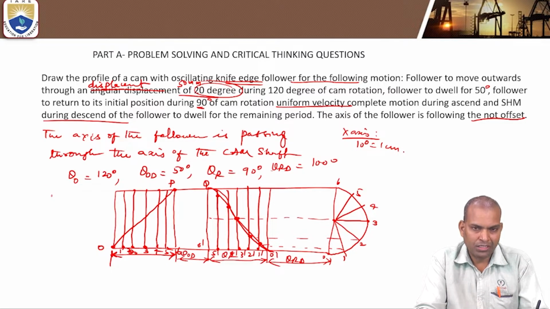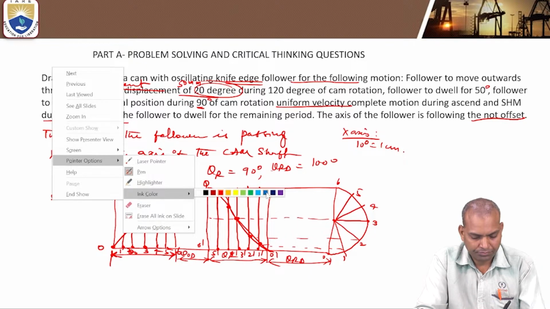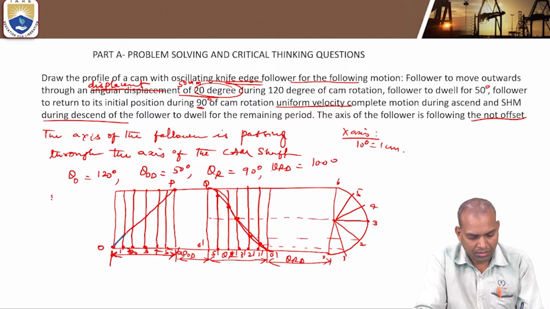The diagram of the angle of rotation of the cam versus the lift of the follower is known as the displacement diagram. This is the curve.